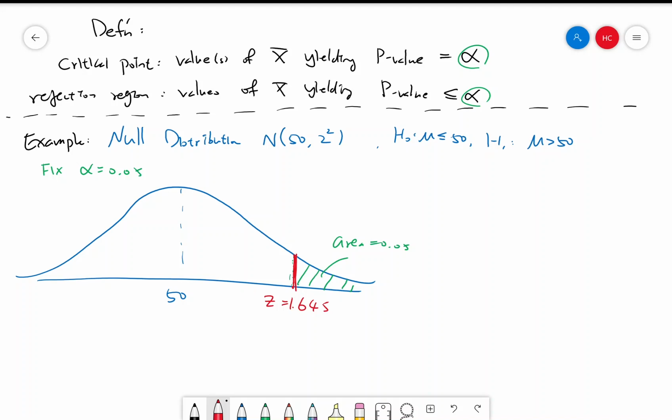That's one of the two magic numbers that we need to remember. So if z is equal to 1.645, then x bar is equal to 50 plus 1.645 times 2, which is 52.29. So this is our critical point.